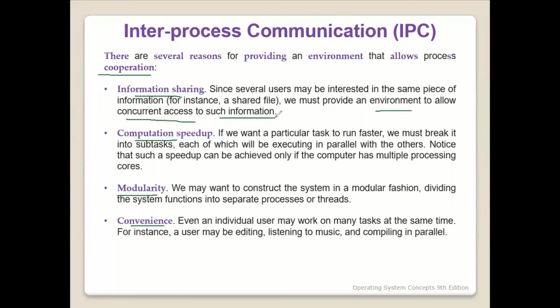You get the idea? Maybe you have some files that need to be accessed by all the 2-3 processes. So you need to provide such an environment that allows concurrent access to that file. This is one reason, information sharing.